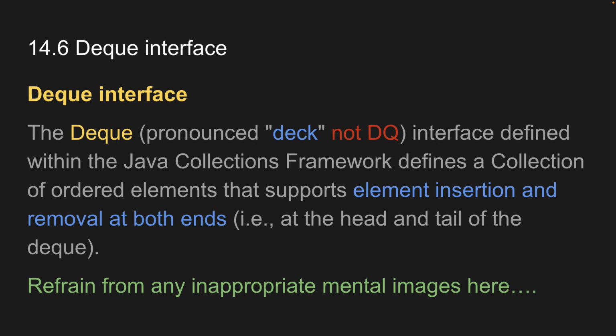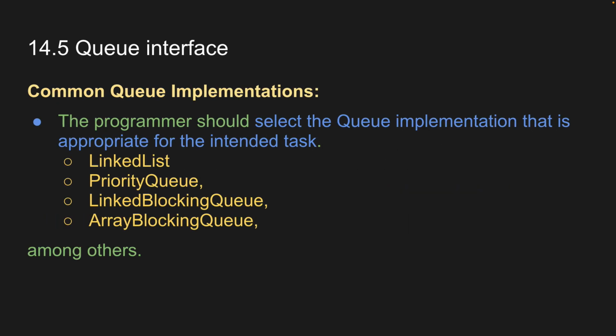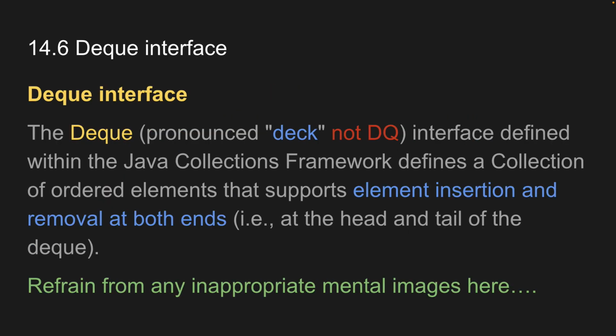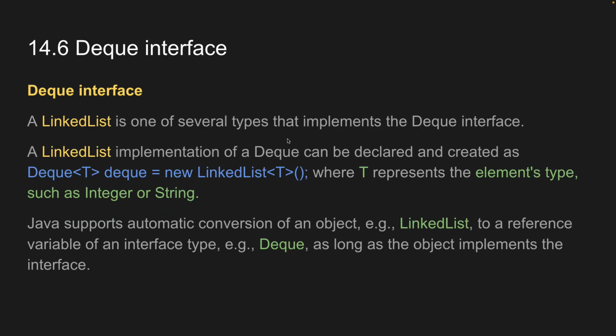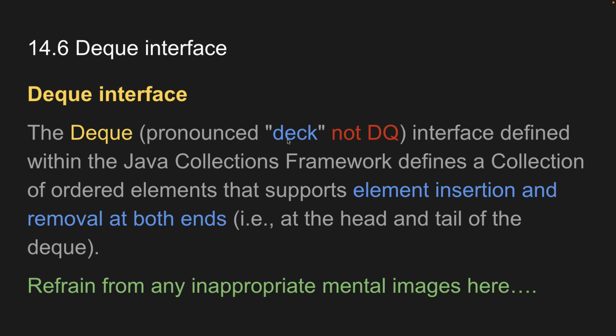When I first read this, I always called it a DQ. I know, like Deque. And the reason I called it a DQ is because this was a Q, and so you put a DE in front of it, it must be a DQ, right? It's actually pronounced deck. Okay, deck. And a deck is like a deck of cards or a stack.